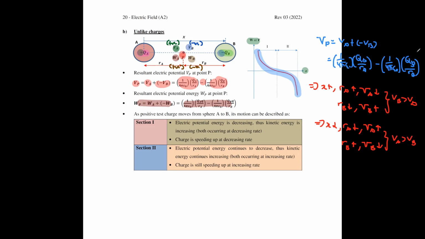Okay. So if you look at this right now, your Vb is negative, whereas your Va is positive. What this means is that when your X increases, your Vb is getting progressively larger than your Va. This will become more and more negative.